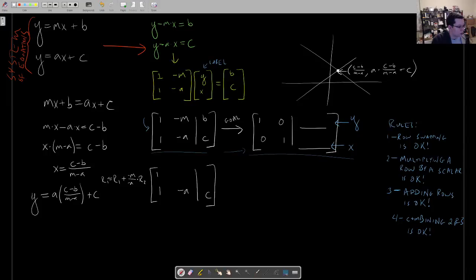So we're going to take row 1, add m over a times row 2 and put it into row 1.